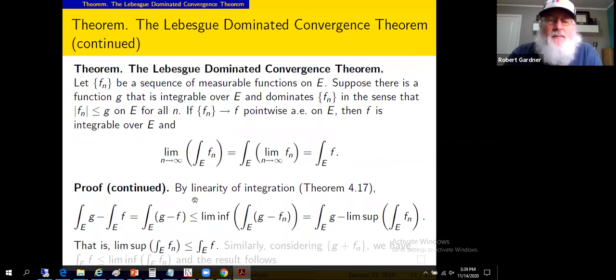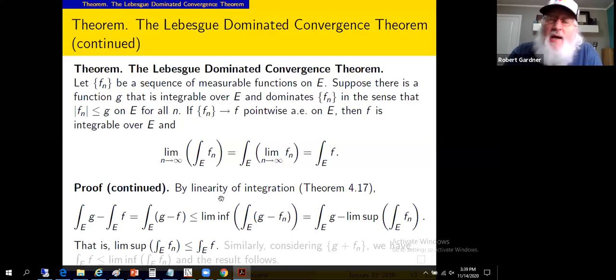From that result, which is these terms here, we can take the integral over E of g minus the integral over E of f. f and g are integrable, g by hypothesis, f by implication.